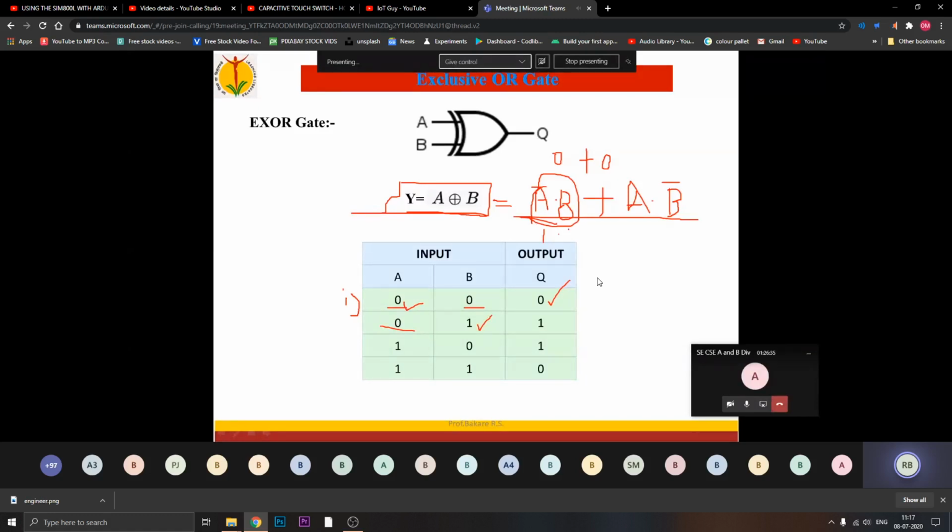So 1 into 1, we got 1. So 1 plus, now A into B bar. A is 0, that means 0 into anything, we got 0. 1 plus 0, we got 1. So this is for the second case.